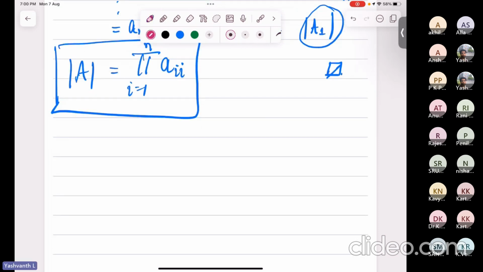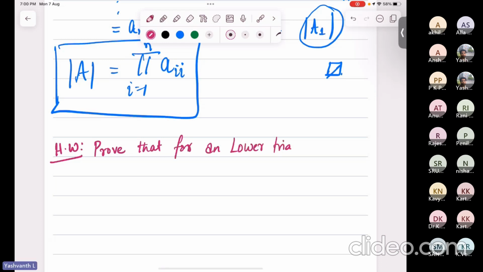So homework. Yeah, is there a question? Okay, so homework is prove that for a lower triangular matrix A in C^{n by n}, determinant of A is nothing but given by the product of the diagonal entries.